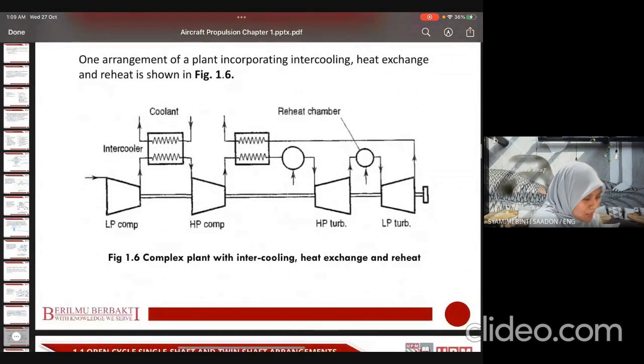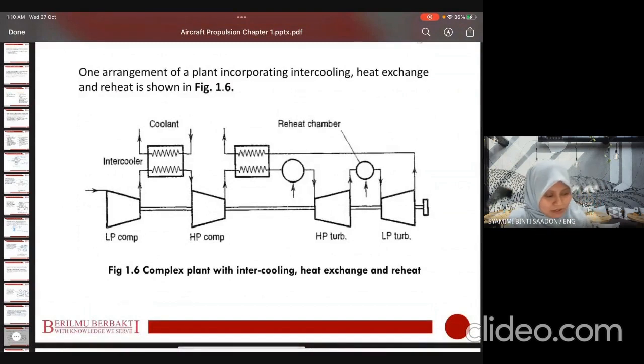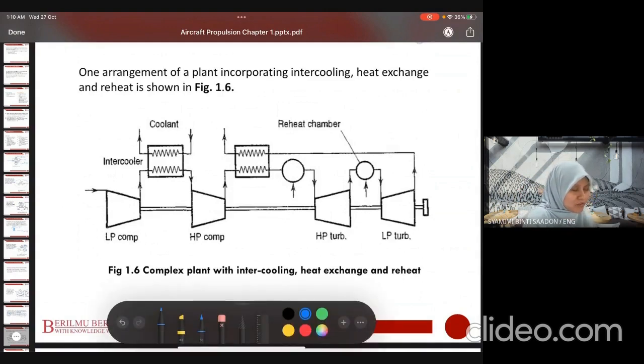Okay, so this one is a more complicated design. So we have a low pressure compressor, like I mentioned just now. So this is very complicated. Well, not very complicated, but far from basic.